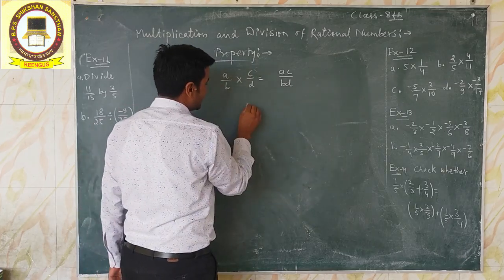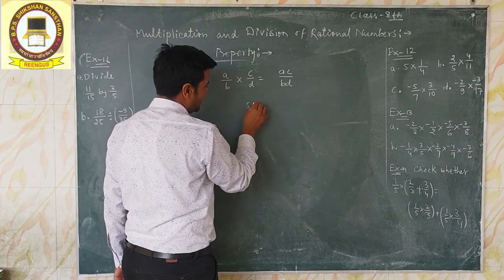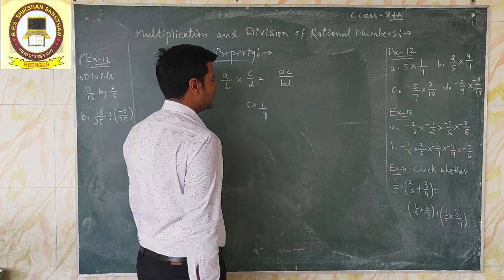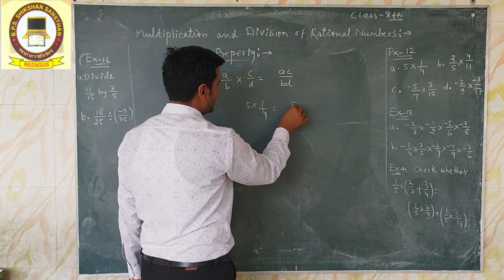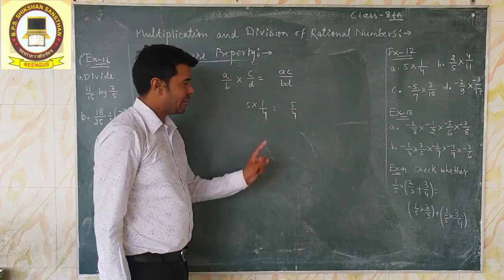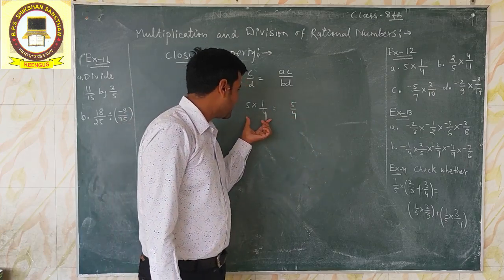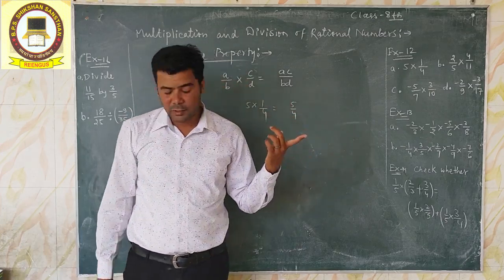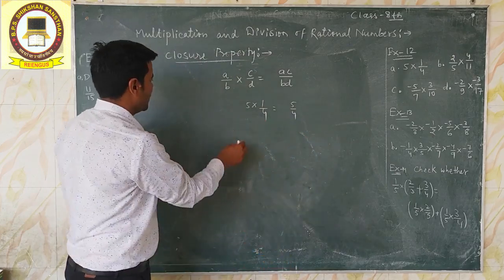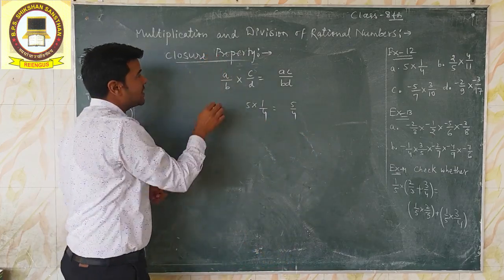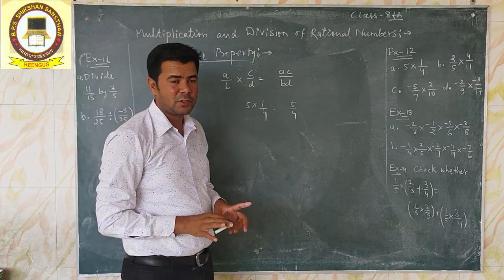Like in the first example, 5 is a rational number and 1/4 is a rational number. If we multiply, we get 5/4. So 5/4 is a new rational number which we get by multiplying these two. This property is the same for division also.